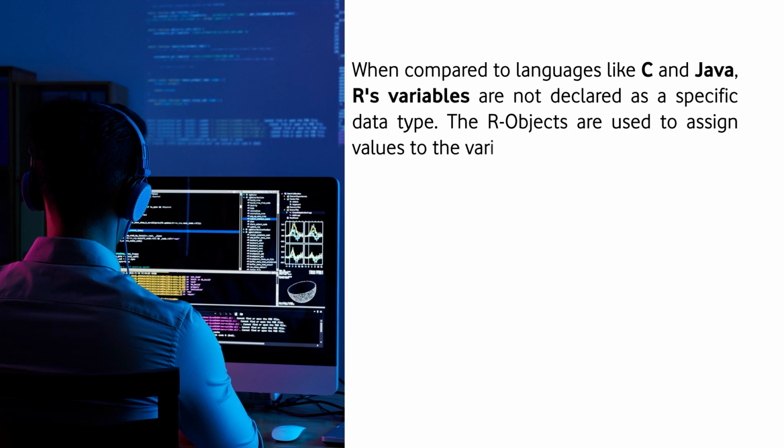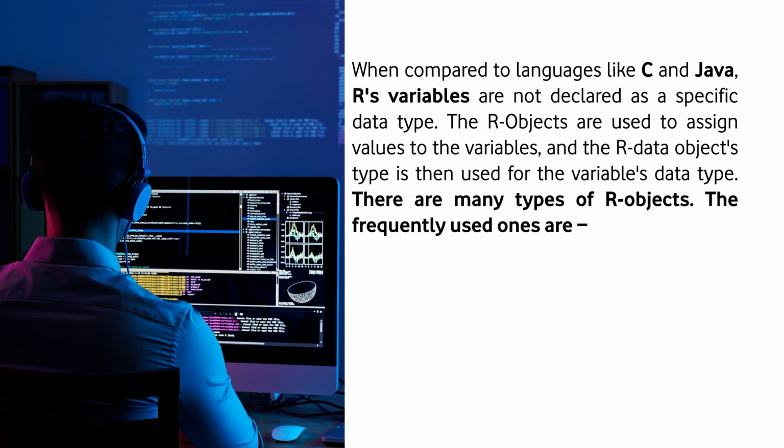Starting with the data structures, the most commonly used ones in R are vectors, lists, matrices, arrays, factors, and data frames.